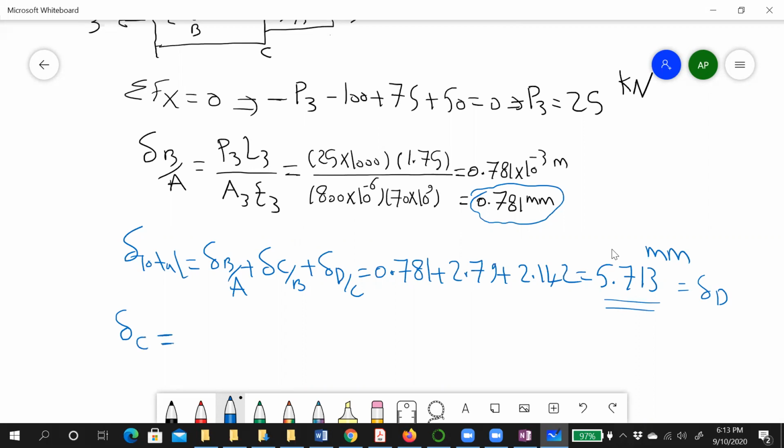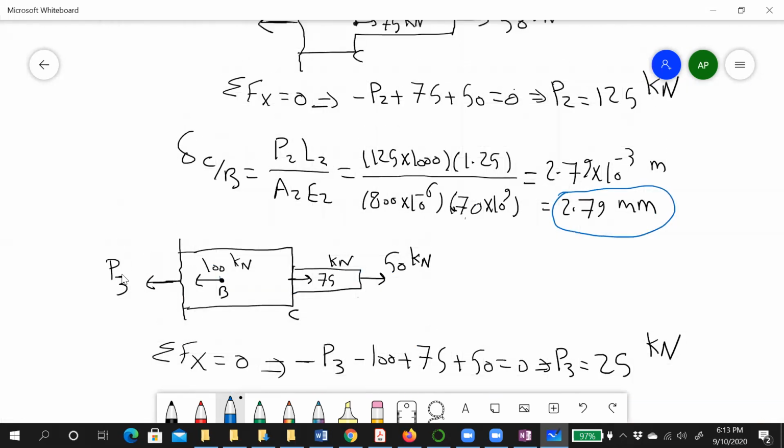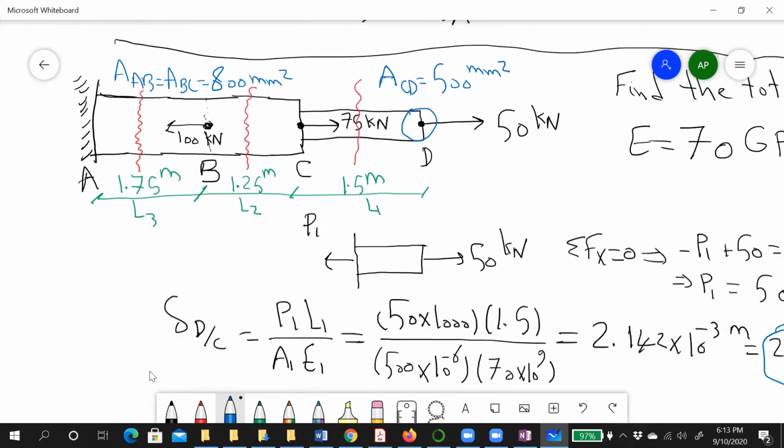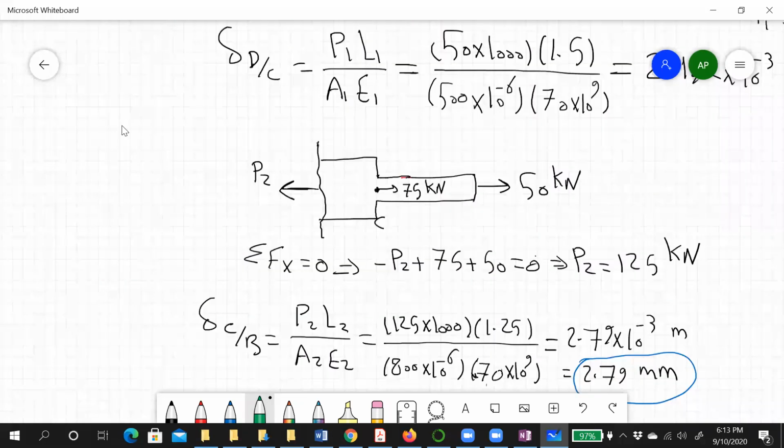For delta C, let me go to the page figure. For this point, what should I do to find the elongation? You subtract delta D, right? No, we start from the total: delta CB plus delta BA, right? Yeah, delta CB, because we find the delta for C with respect to B and B with respect to A, relative. Just delta CB, delta BA.